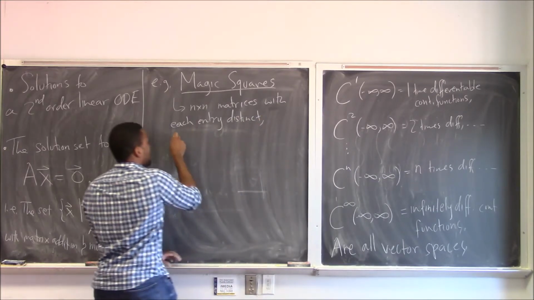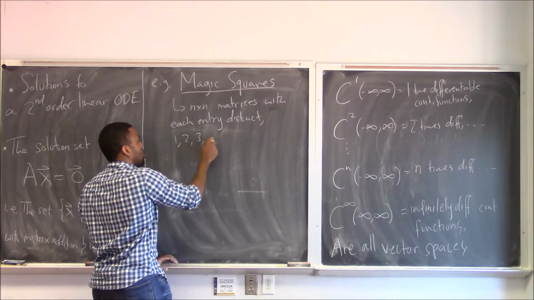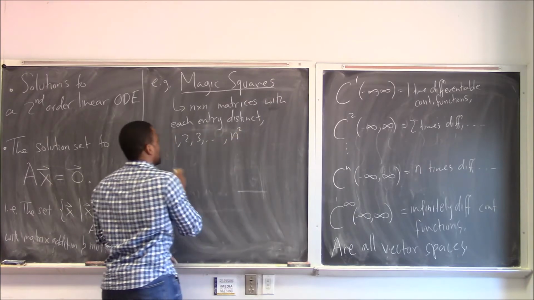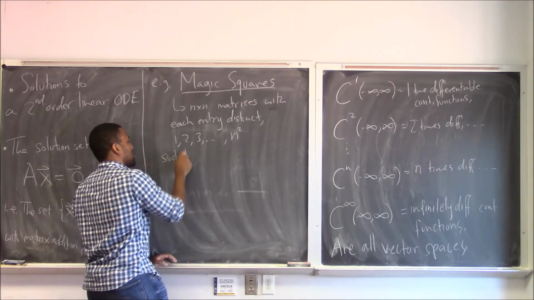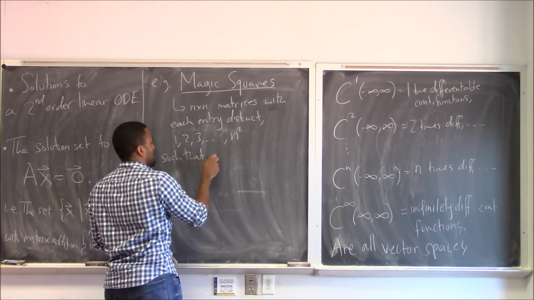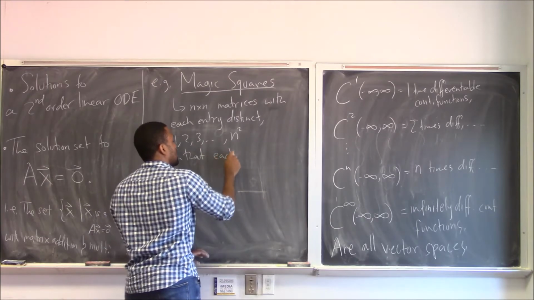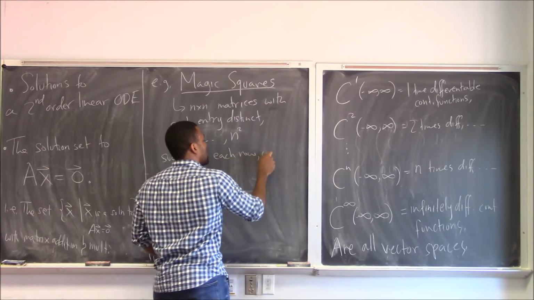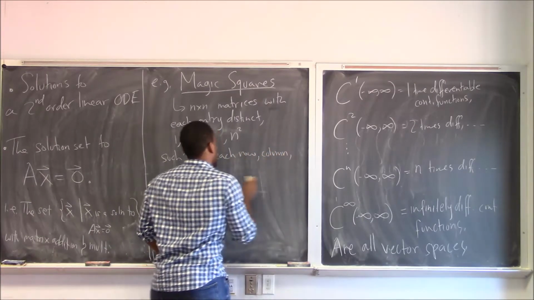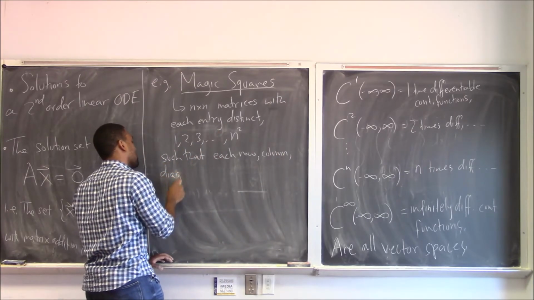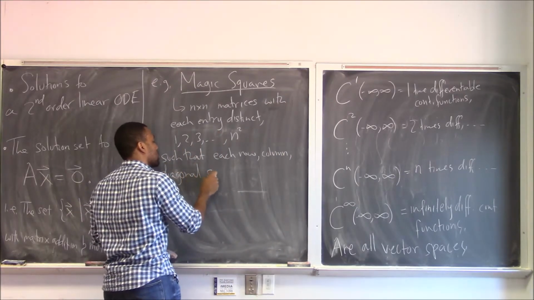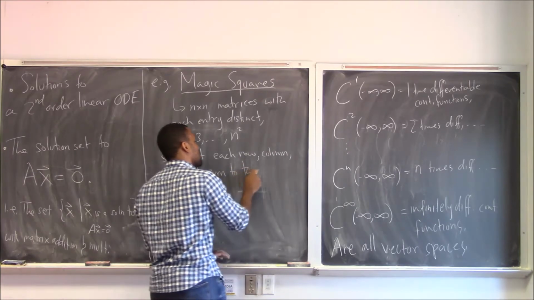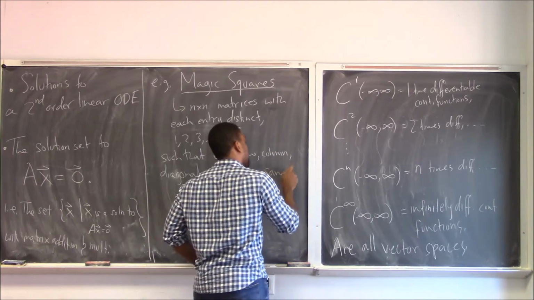And of course the entries go from 1, 2, 3, all the way up to n squared, such that each row, column, and diagonal sum to the same number.